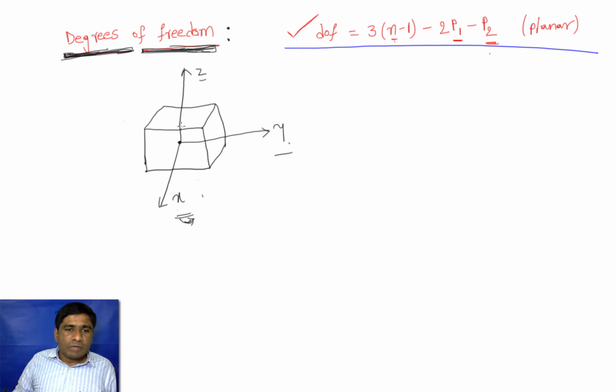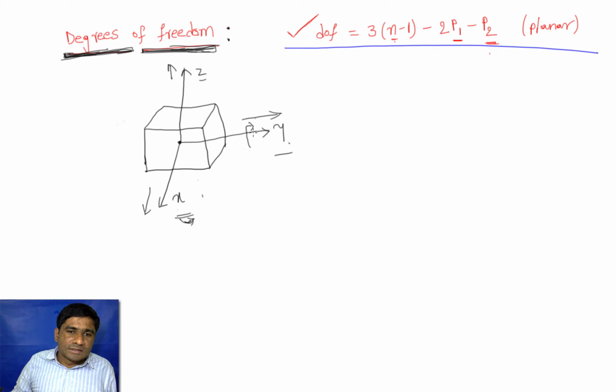If I consider a body like this, without any constraint or without attaching this body to anything, this body can translate along the y axis, and it can also translate along the x axis freely without any hindrance or restriction, and it can also translate along the z axis.